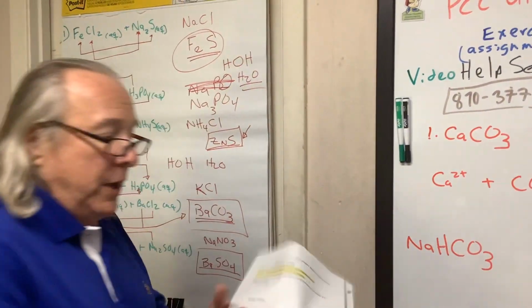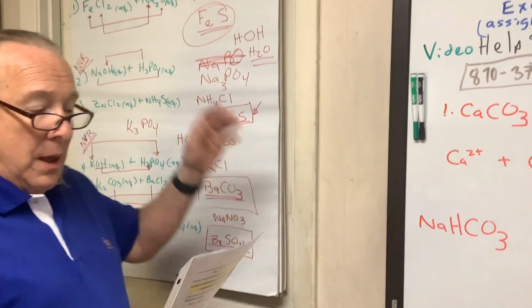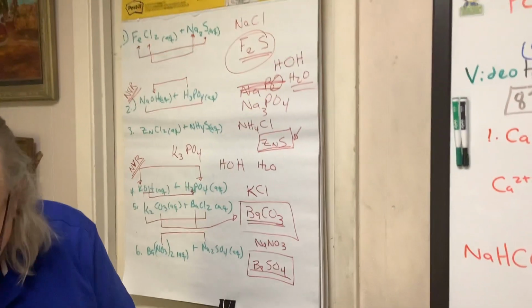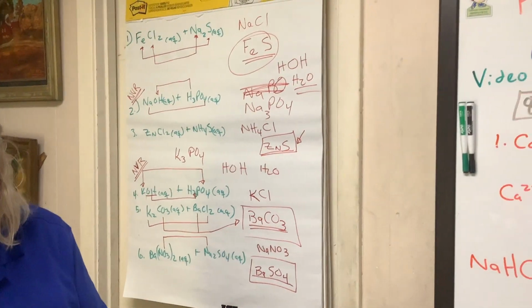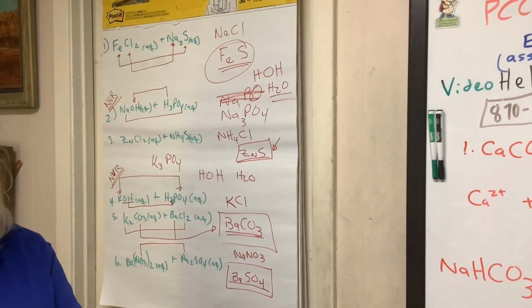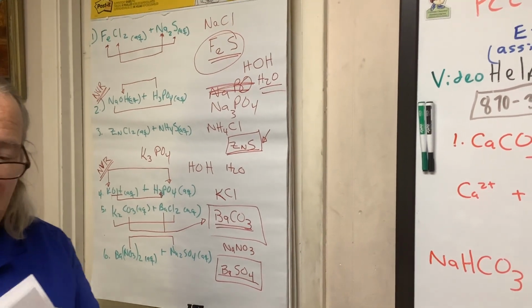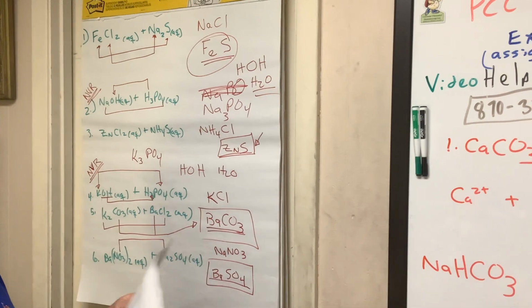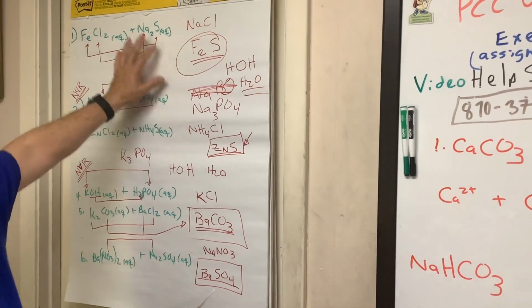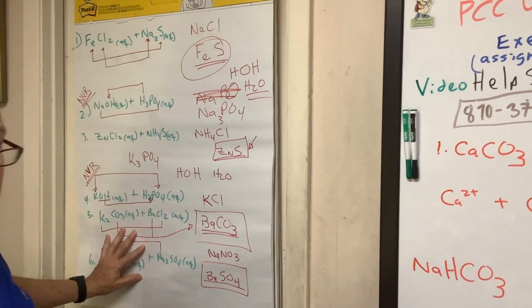Now, the next one says, I don't have page 2, but let me pull it out here. That's 1 through 6. It says, pick one of these reactions that results in formation of a precipitate.